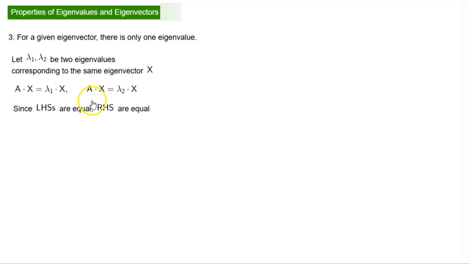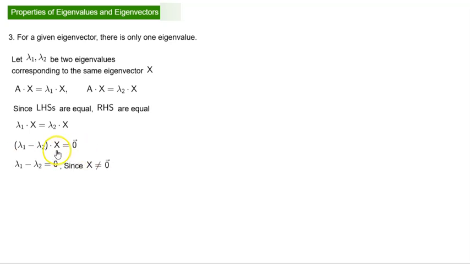Now, since the left hand sides are equal, the right hand sides are also equal, which means lambda 1 times x is equal to lambda 2 times x. Bring it to the same side, we get lambda 1 minus lambda 2 times x is equal to the 0 vector.